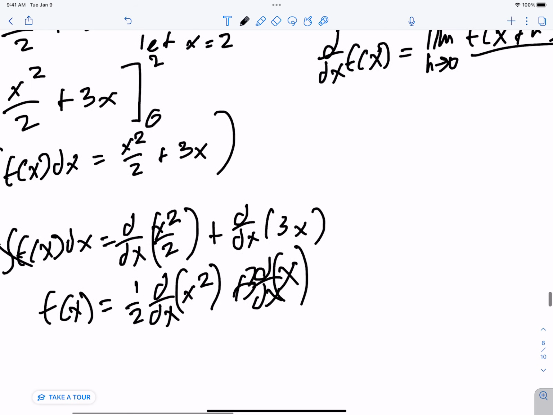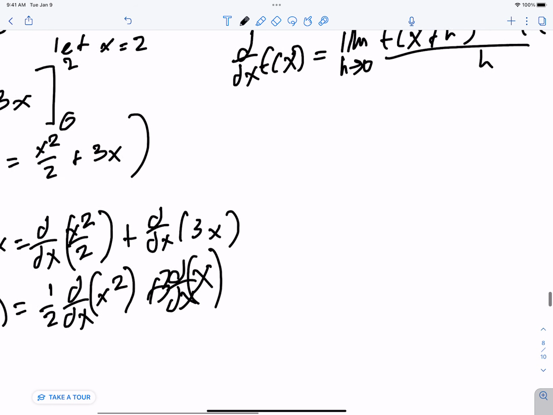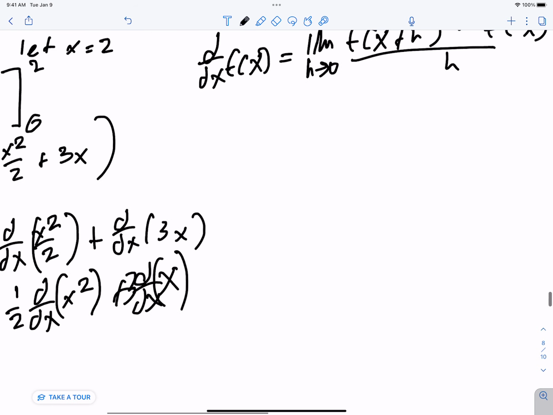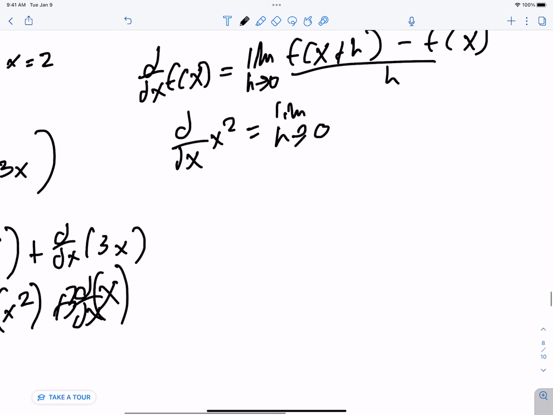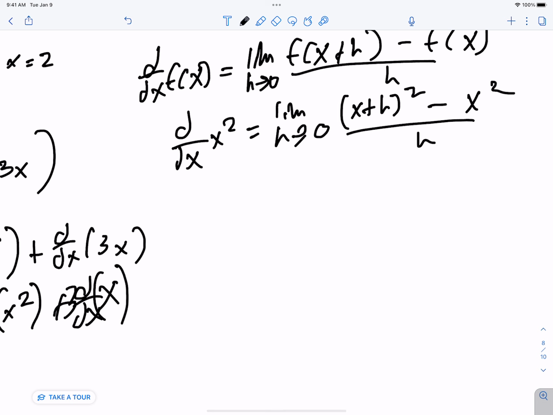So first I want to differentiate x squared. So I'm going to put this exact form, but instead of f of x, I'll just have x squared. Therefore, I'll have something like, x plus h squared, or not plus, but minus x squared over h.